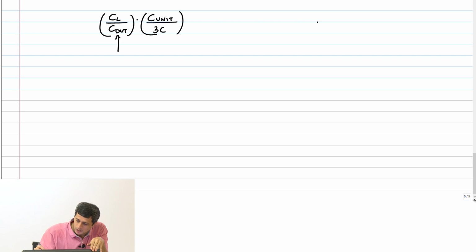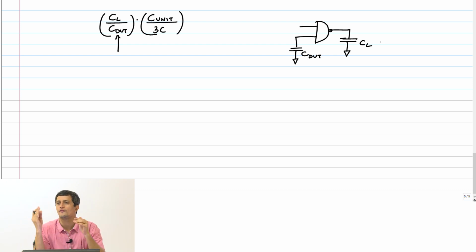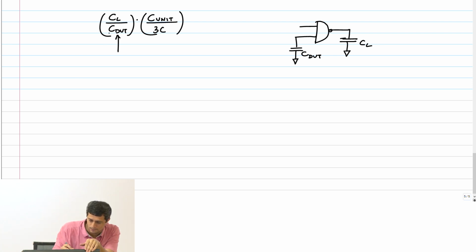So if I have a NAND gate which is driving a load like this, capacitance at the input is C DUT, this is CL. So one of the terms in the delay is just the ratio of output capacitance to input capacitance presented by that gate. Okay, this is just one of the terms. This guy is called electrical effort.